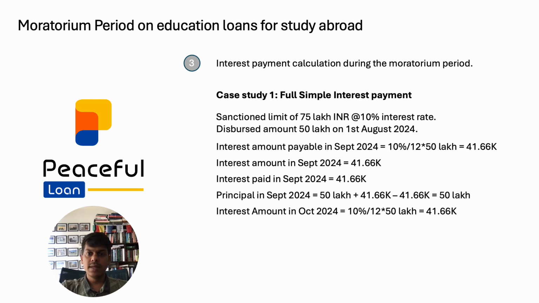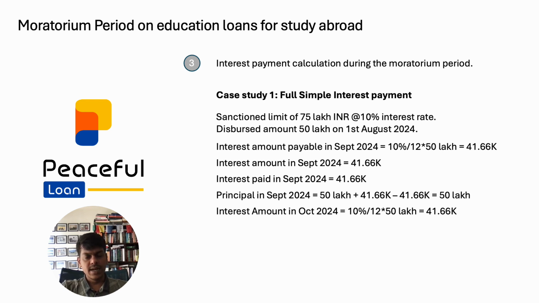Interest amount is payable in September, because as soon as the first month is completed, you're expected to either pay interest or bankers will add that interest to your principal. So at 10% per annum interest rate divided by 12 months into 50 lakh, the interest amount comes to 41,660.